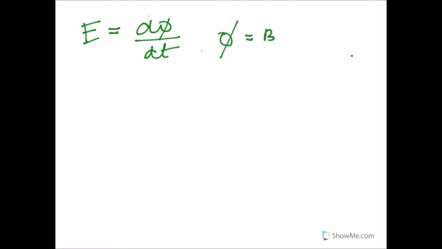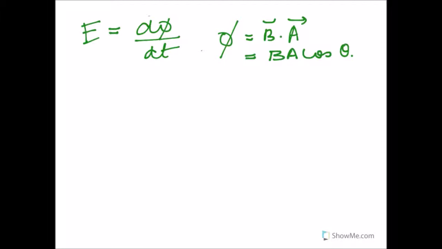So, since we know that induced EMF is due to change in magnetic flux, and flux is equal to B dot A, so it is equal to BA cos theta.